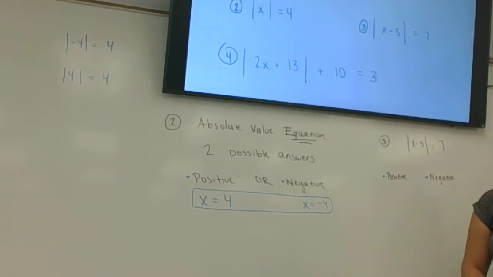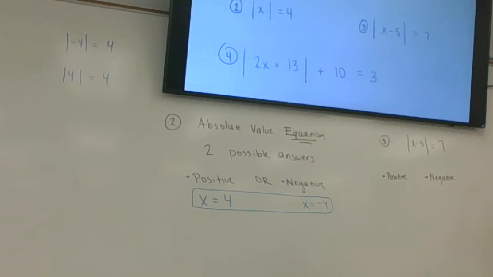So Dominic, what are your thoughts on this next one? Did you come up with an answer yet? Okay, so if it was only this, I would make 5 positive.